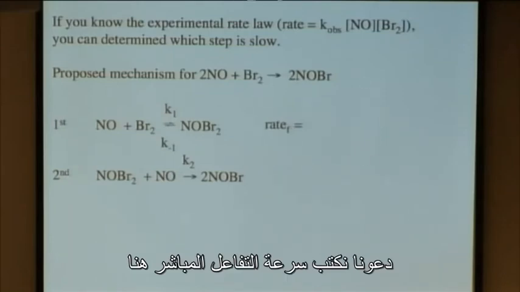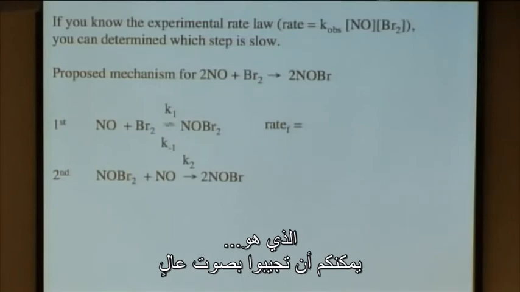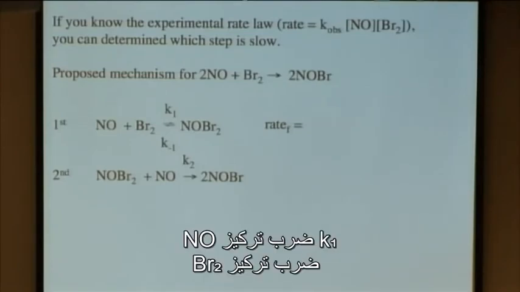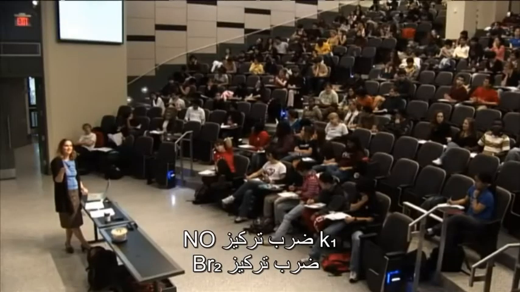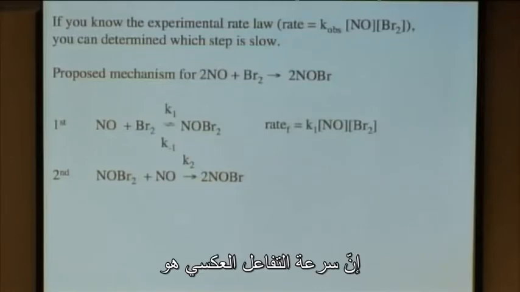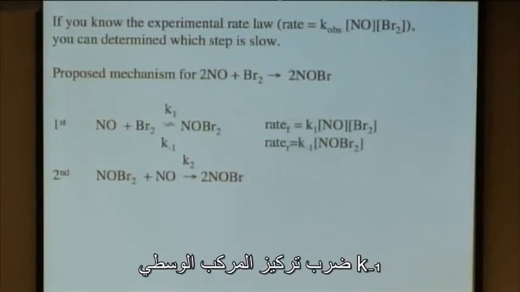So let's consider what the rate of the forward reaction is here. You can yell it out, k1 times, yes, excellent. And for the reverse reaction, we have k-1 times our intermediate concentration.